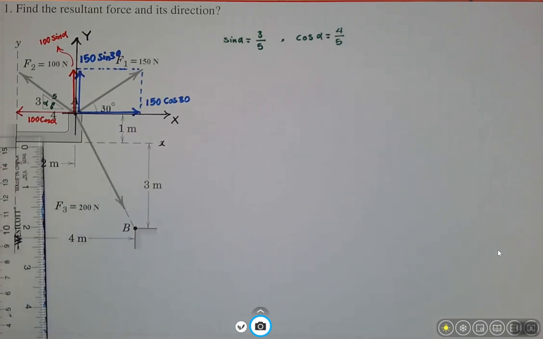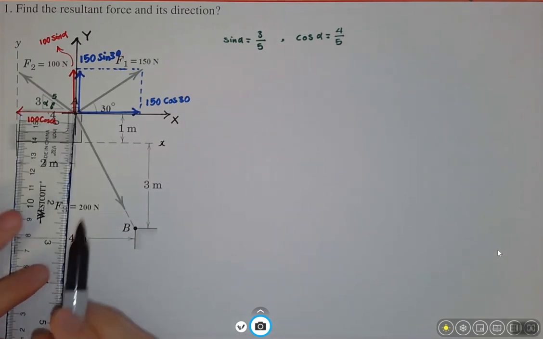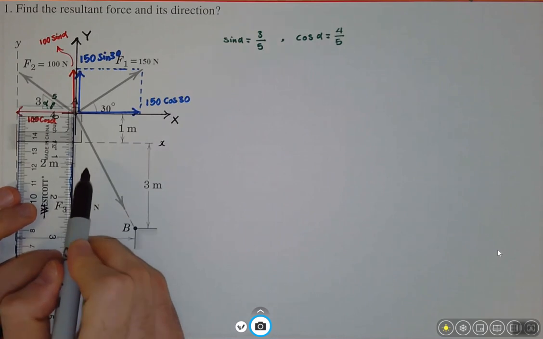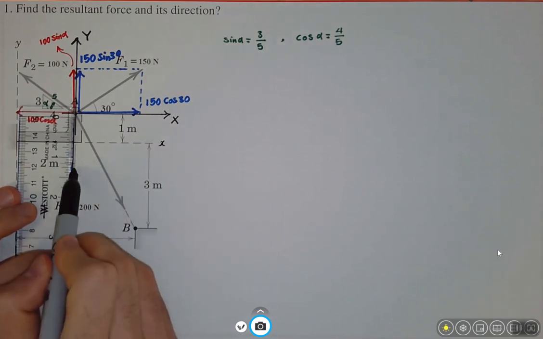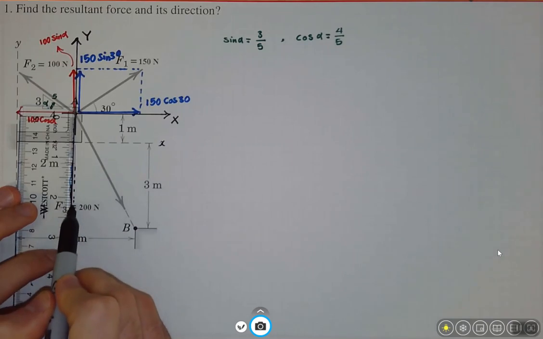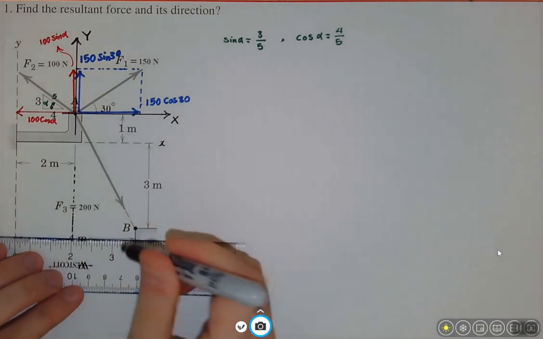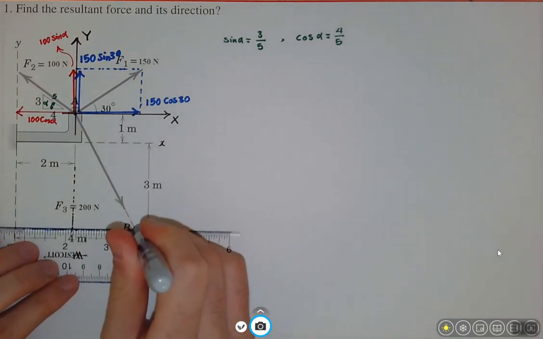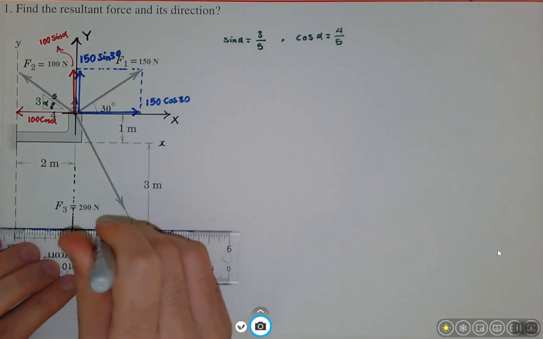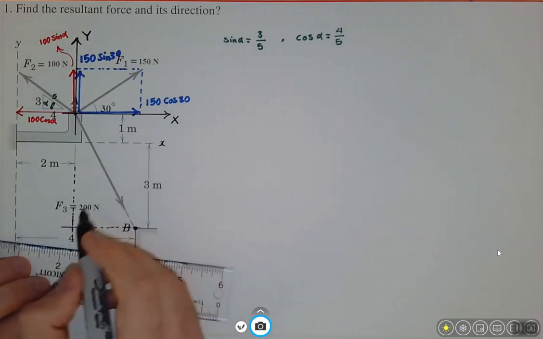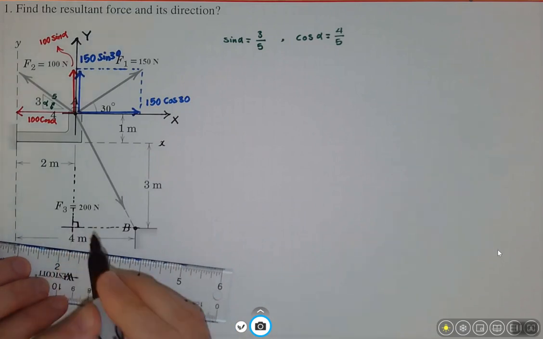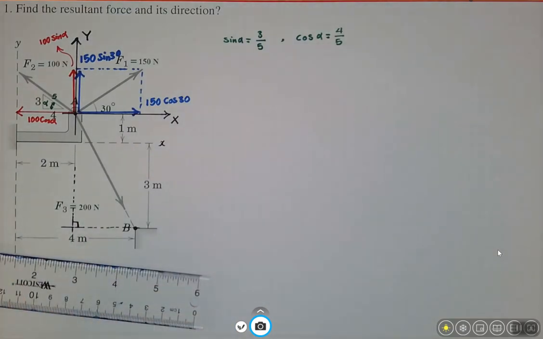What about F3? We need the angle first, right? That shouldn't be difficult. Based on the geometry that I have, I try to make a triangle somewhere. Let's say I continue this line along Y, and also this one at point B, so I notice that yes, there is a right triangle over here, right?